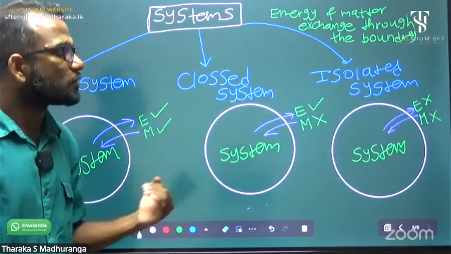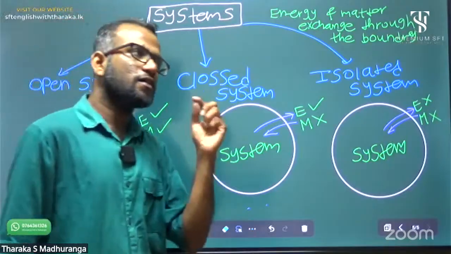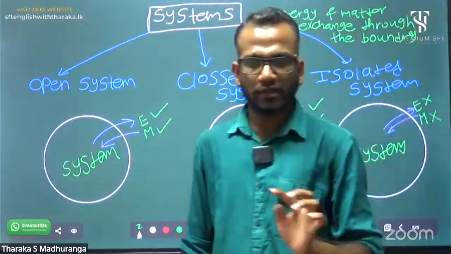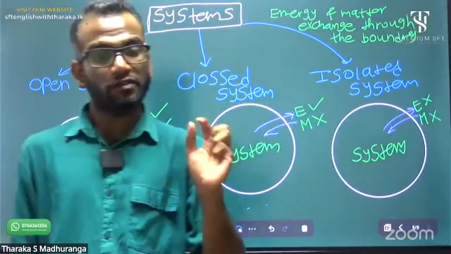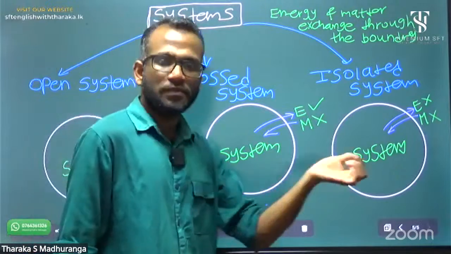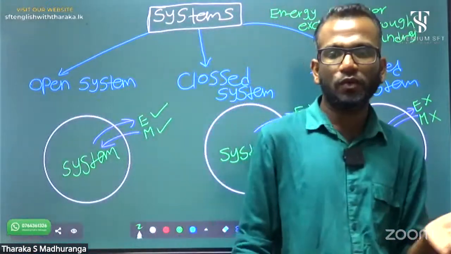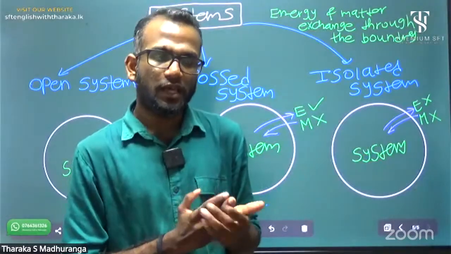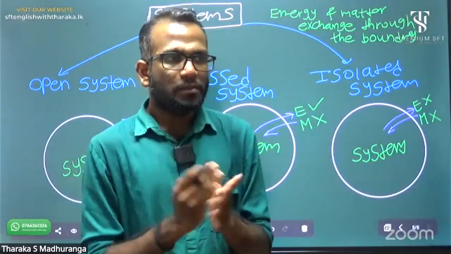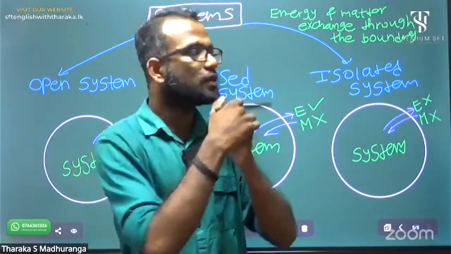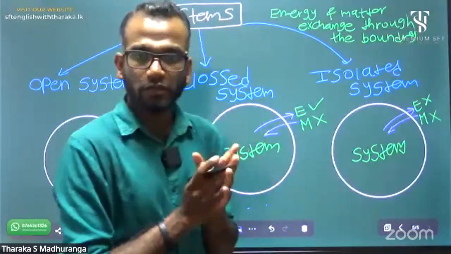Yeah, thermoflask, very good. In our lesson we consider it an isolated system, but it is not fully isolated, right? Because it slowly transfers heat. That's why water kept for some hours doesn't stay the same. It transfers heat, but it is very slow.